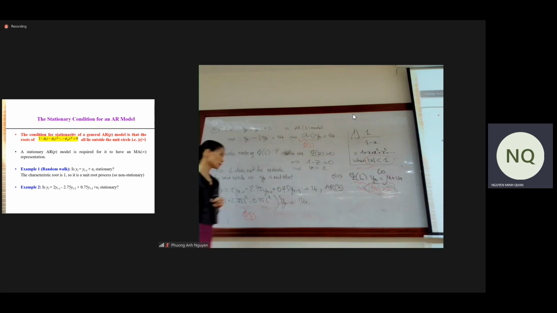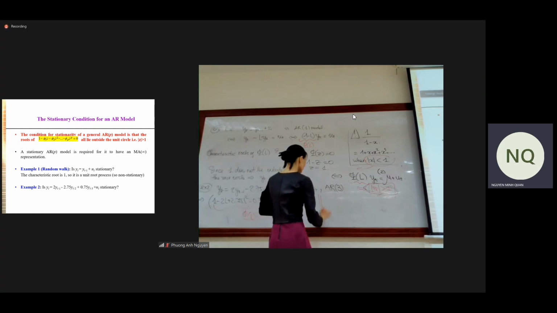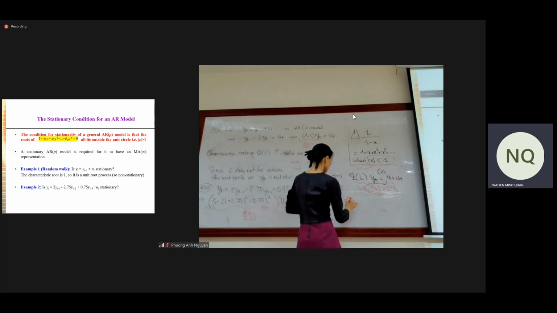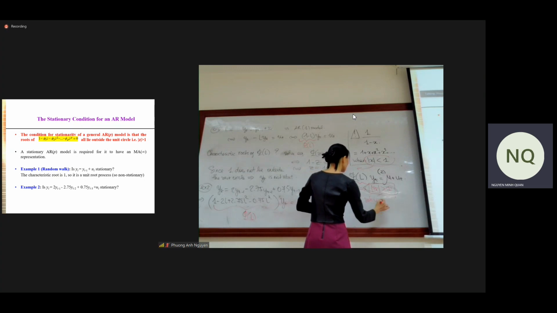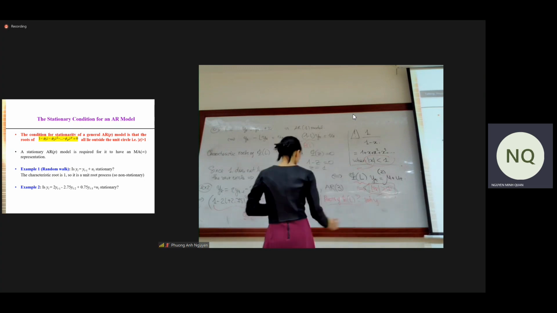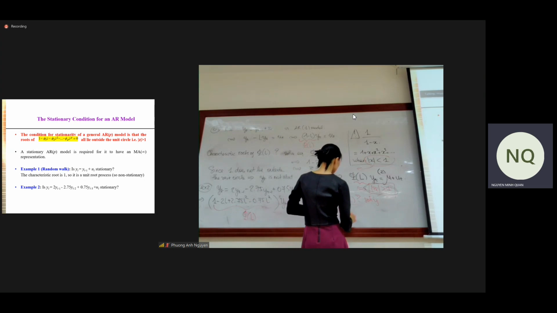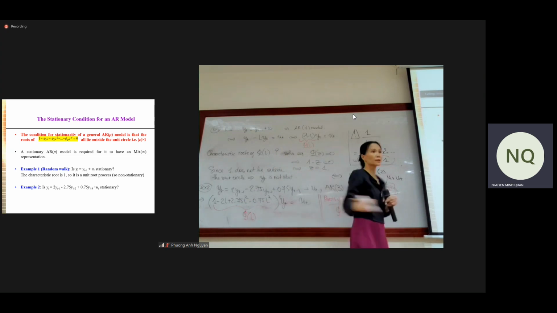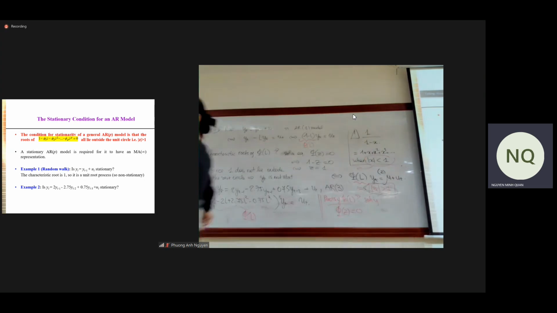So now I want to check the roots of phi(L) by solving the equation phi(z) equals 0. Phi(z) equals this, so wherever you have L, you replace it with z.